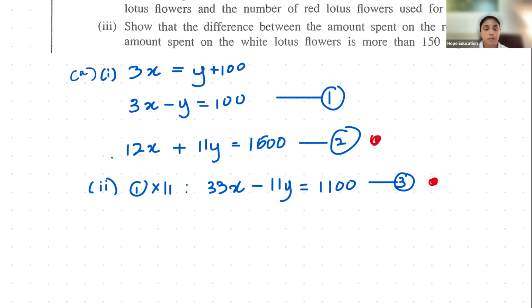Equation 2 plus equation 3. In equation 2, I have 12x and 11y. 12x plus 11y. And in equation 3 there is 33x, sorry, 33x minus 11y.